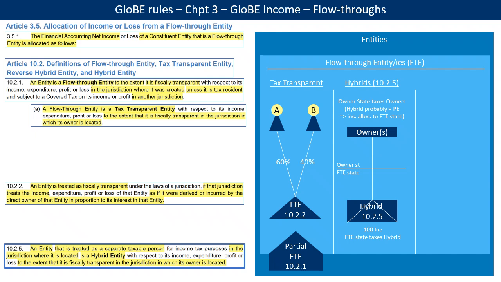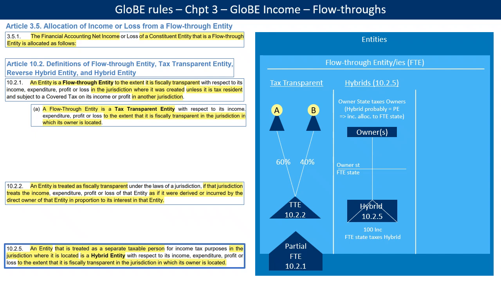So if we look at the middle block of the graphic, you now see we've got two countries. We've got the owner state at the top, we've got the flow-through entity state at the bottom. And we see that at the bottom the hybrid is a square, because transparency normally means you look at a triangle, right?